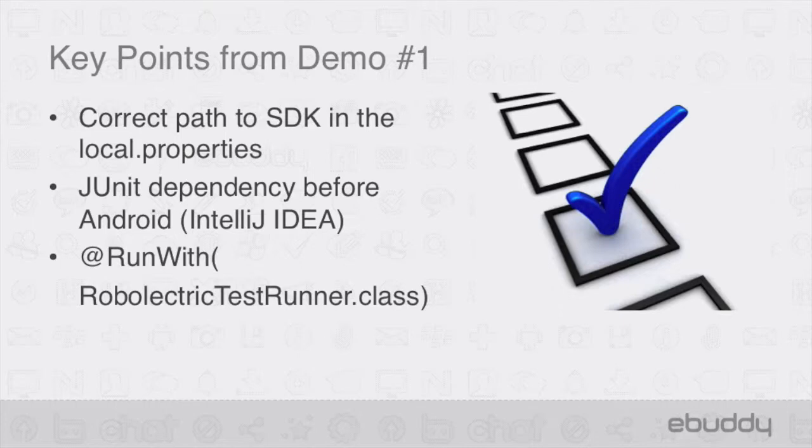When IDEA imports a POM file, it puts the JUnit dependency below the Android dependency, and this is an issue for Robolectric because Robolectric works with JUnit 3.8 plus, and Android ships with an older version of JUnit. So you need to modify the dependency in the class path, but it's not a problem for Eclipse people. And don't forget to put RunWith with the test runner, so you will actually run this test with Robolectric.